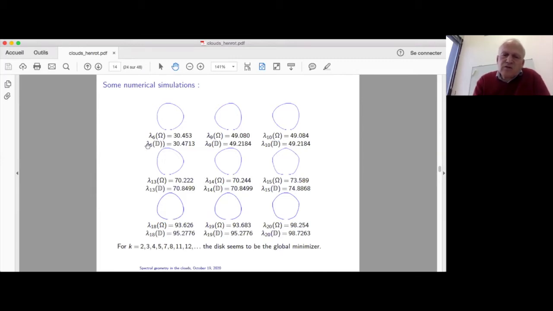Here I present the minimizers we got numerically for the other indexes, lambda 6, lambda 9, lambda 10, and so on. So you have bodies of constant width. You can see that the width is the same in all directions. The domains seem to be regular. My picture is not very good, but the domain seems to be at least C2 regular. The curvature seems to be continuous. And we have no specific patterns to emphasize here.